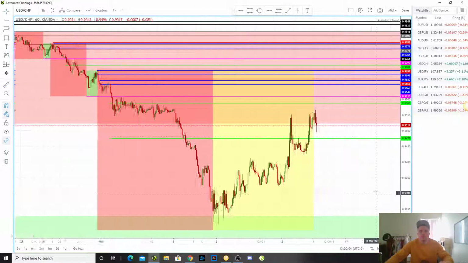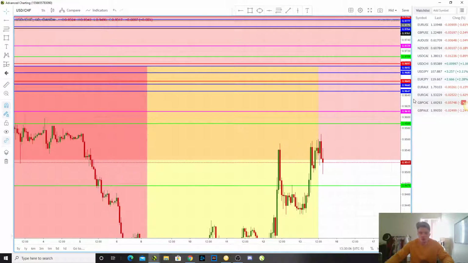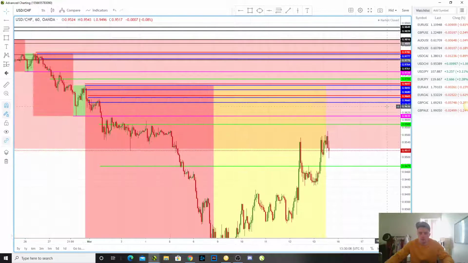All right, cool. So we got 3 trades here, 2 standard shorts, and 1 standard range long.